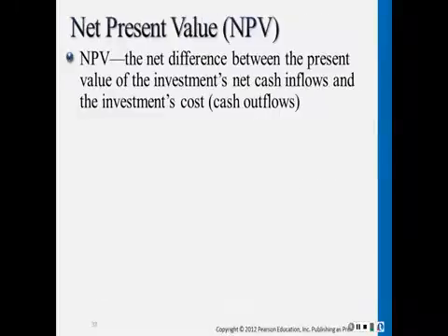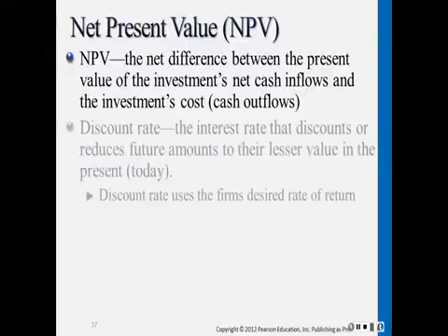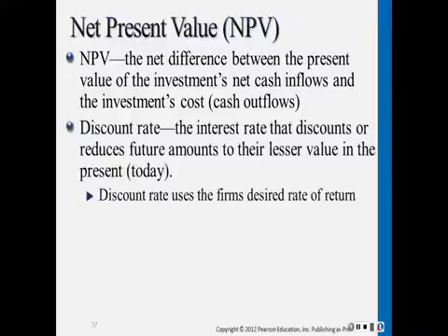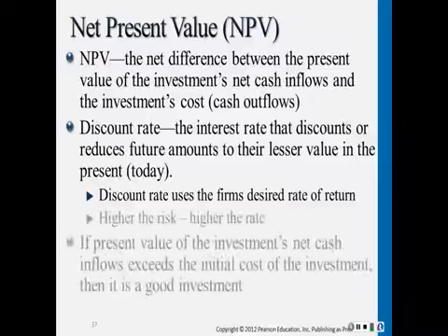To decide how attractive each investment is, we find its net present value. The net present value is the net difference between the present value of the investment's net cash inflows and the investment's cost, cash outflows. We discount the net cash inflows using management's minimum desired rate of return. This rate is called the discount rate because it is the interest rate used for the present value calculations.